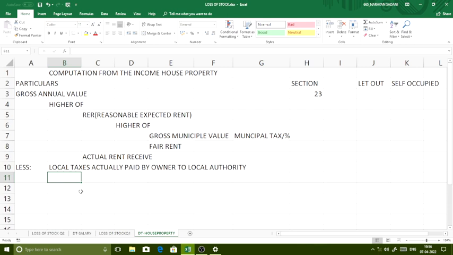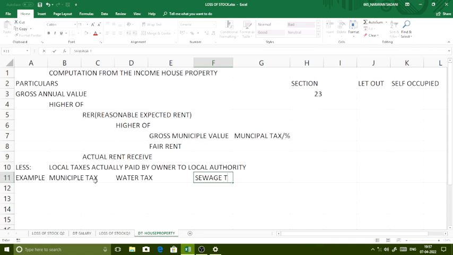This includes municipal tax, water tax, sewage tax, etc. These are some of the examples.